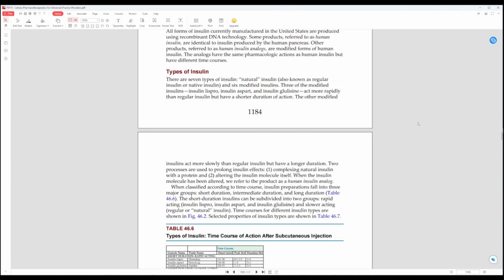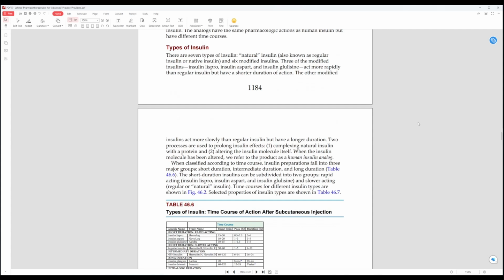So, types of insulin. There are 7 types of insulin: natural insulin, also known as regular insulin or native insulin, and 6 modified insulins. 3 of the modified insulins, Lispro, Aspart, and Glulisine, act more rapidly than regular insulin, but have a shorter duration of action.